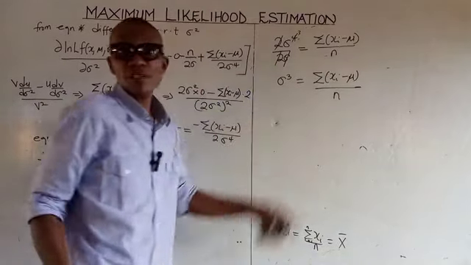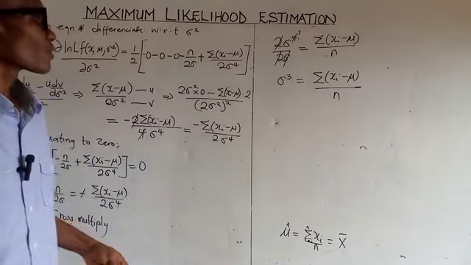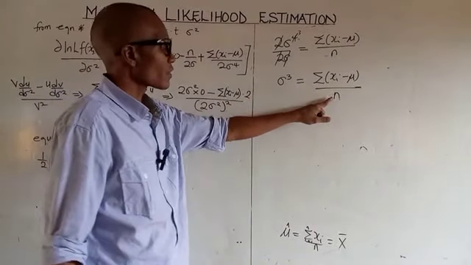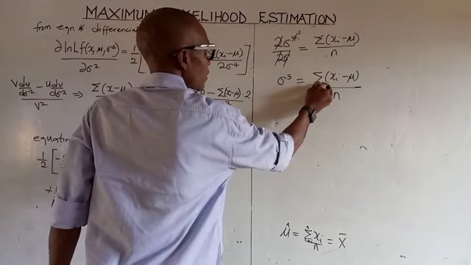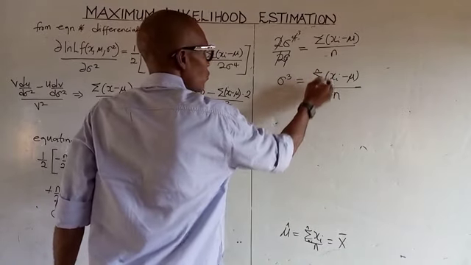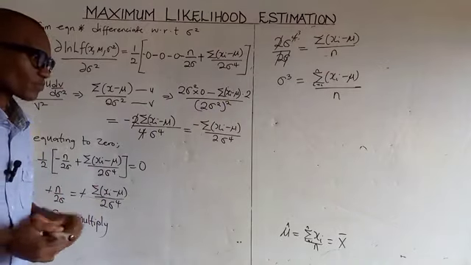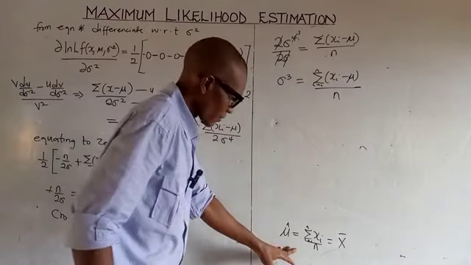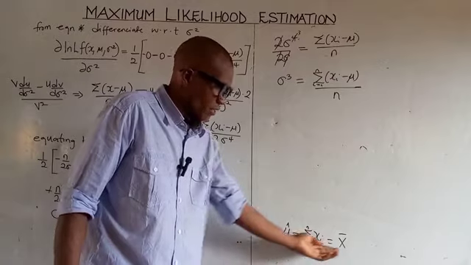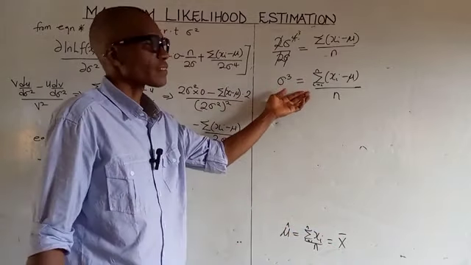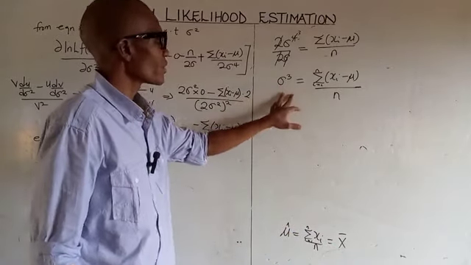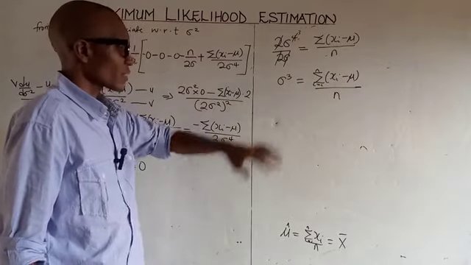This is not a variance because it has a cube on it. It's not a variance. So it means that the variance is not closed under the maximum likelihood estimation. But the mean here, the mean can give us a sample mean, but the variance does not work. So it means that it does not exist.